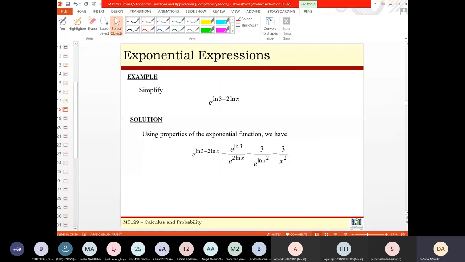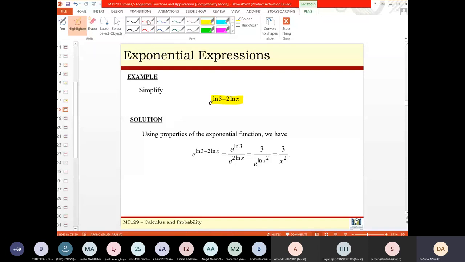Okay, we have one example. Simplify this expression: e to the power ln 3 minus 2 ln x. We will take more examples. They want me to simplify this.